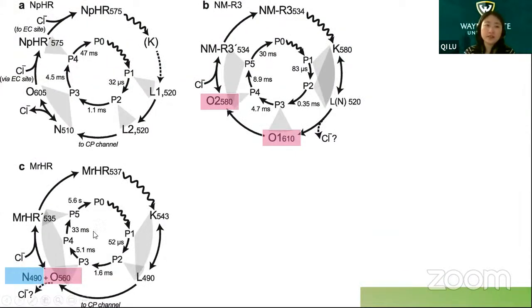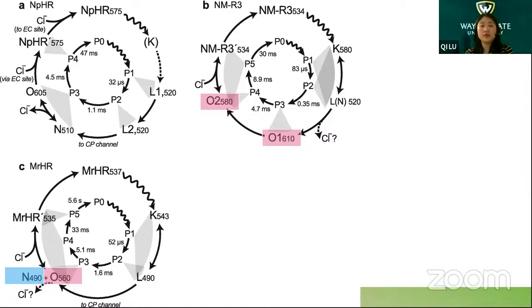Previously, we talked about the photocycle of NpHR, and it's quite similar in MrHR or MR3, but the two states, the N state and O state, in MrHR are much closer and hard to separate.